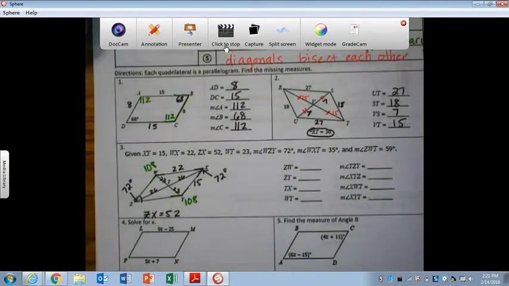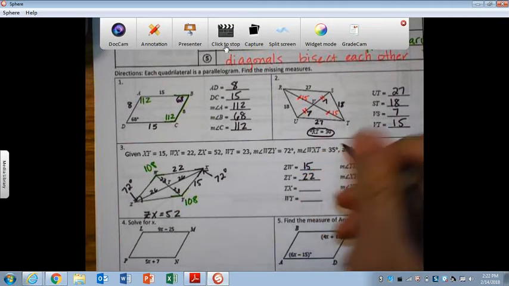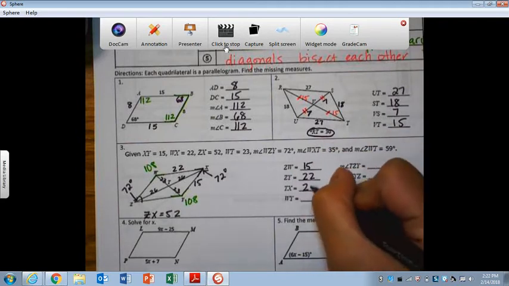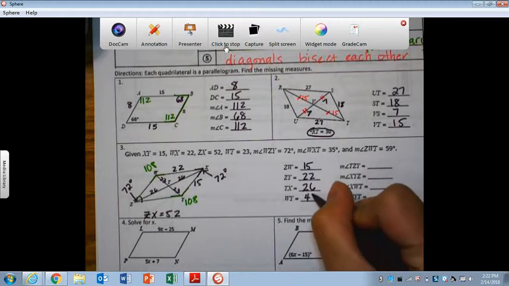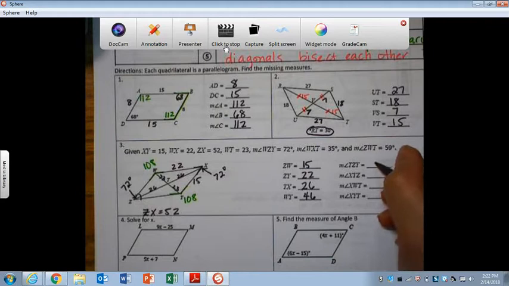All right. So we've got ZW is 15, ZY is 22, TX is 26, WY is 46, angle TZY is 67, XYZ is 57, XWT is 22, XYT is 67.